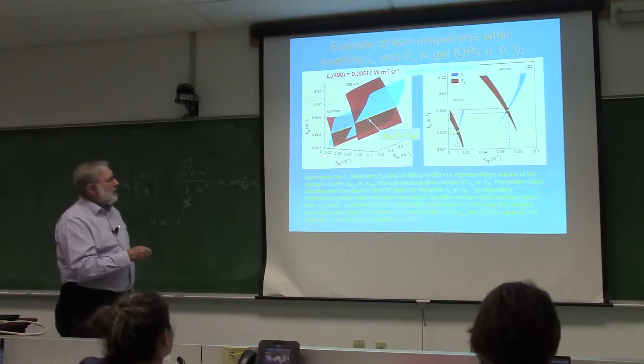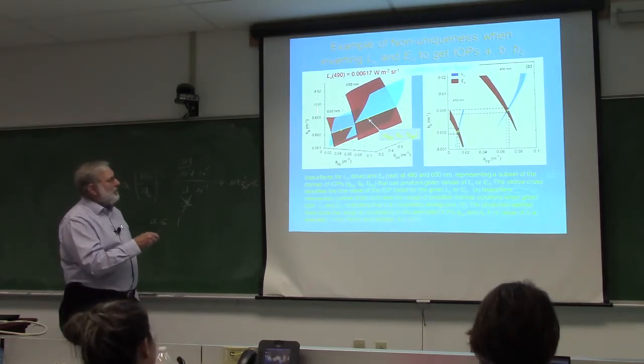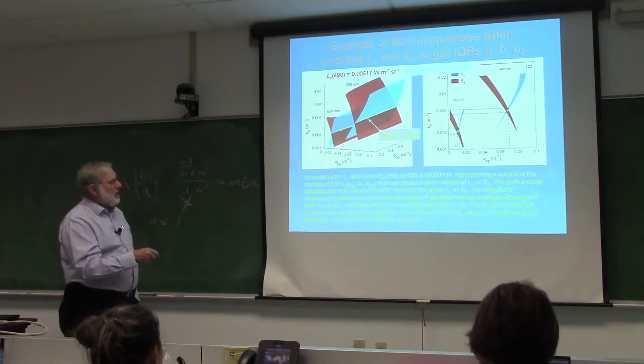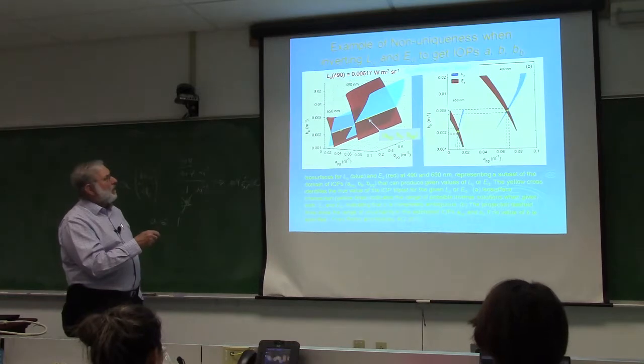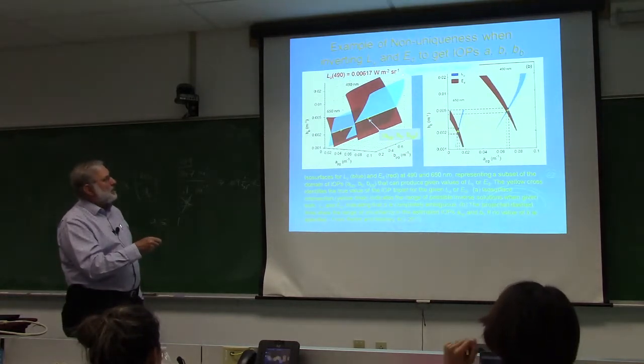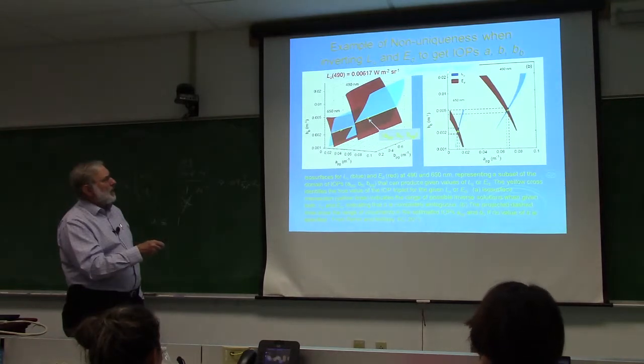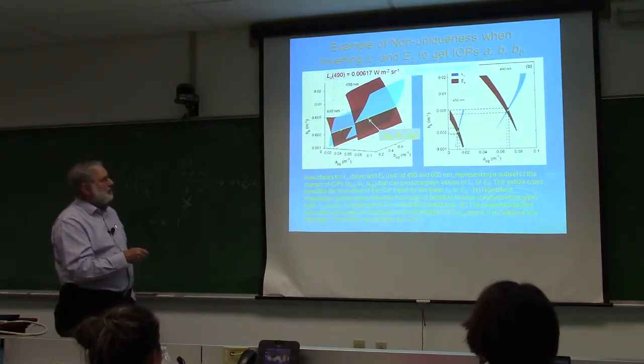So here we have the backscatter coefficient, absorption, and the total scatter. And here's LU at 490, what particular value he measured, and ED at 490, the value that was measured there.